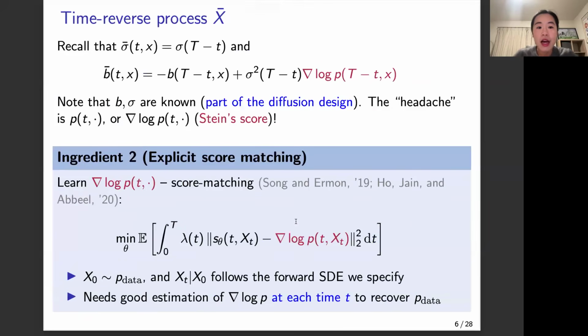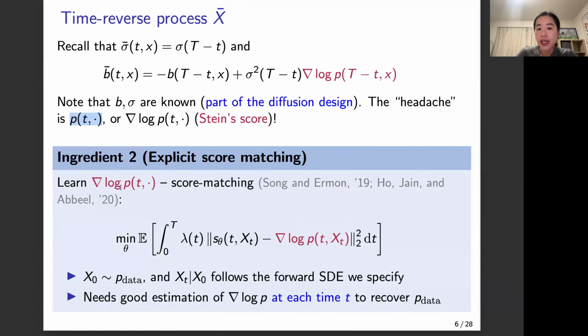Okay. Because we can design the forward process to add noise to our data sets, we know the drift term b and we know the volatility term sigma. The hectic part is the density function p, because if we don't know the data distribution p data, which is the initial distribution that we sample from, then we won't be able to know the marginal law.